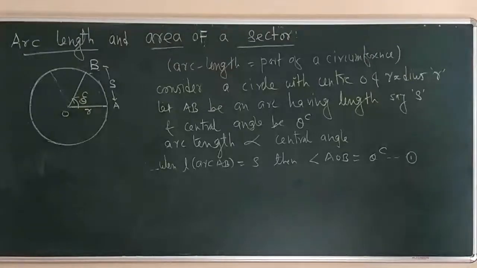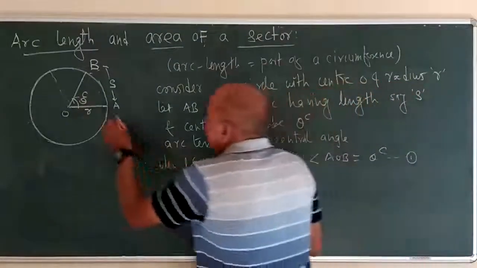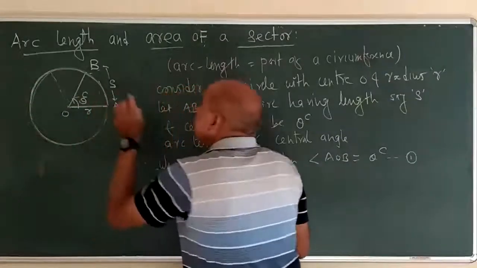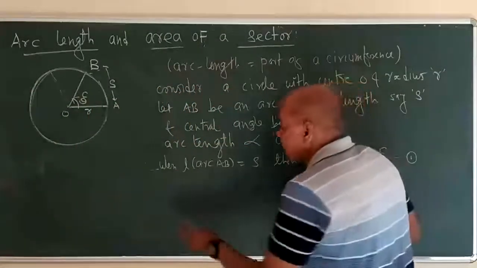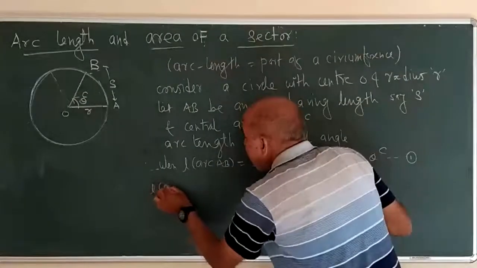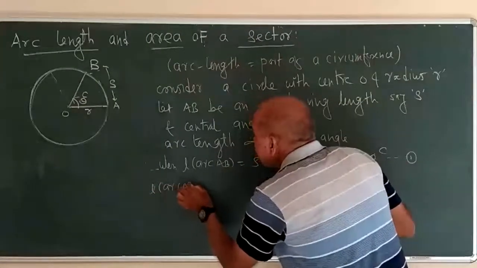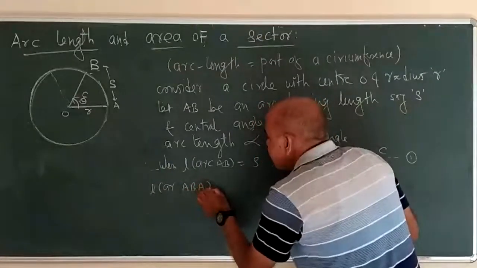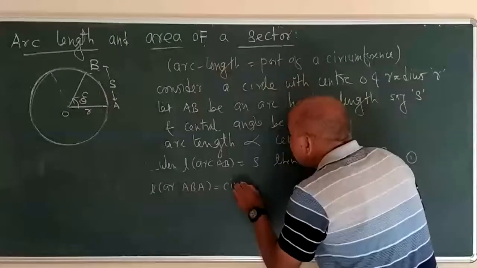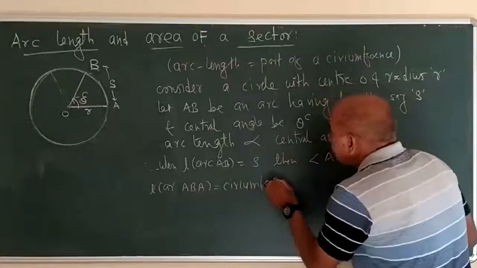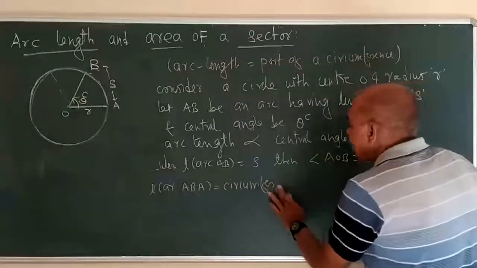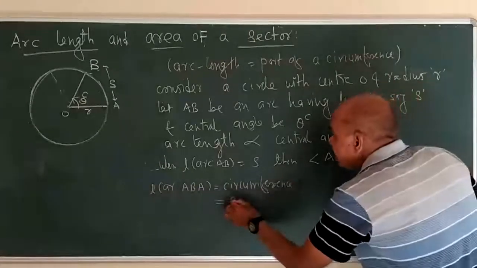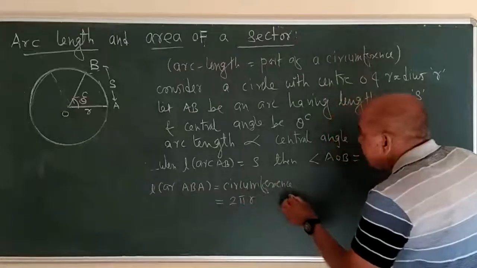As the arc length increases, when the arc length equals the whole circumference, that is the length of arc ABA, the length of the arc equals the circumference, that is 2 pi r.